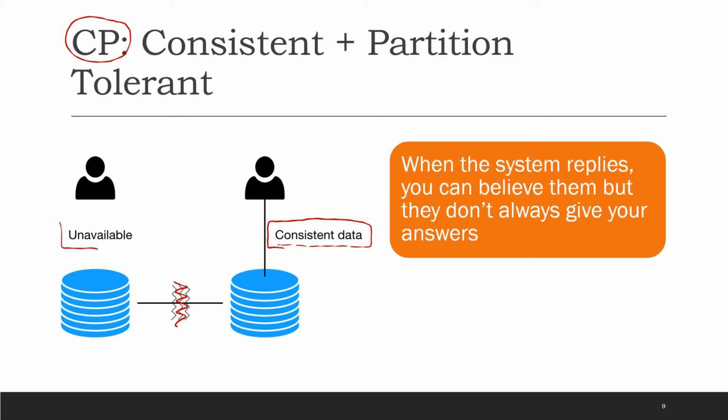But it may happen that for certain cases, the data will not be returned or the system may not be available, because the system wants to make sure that under the network failure, if you respond back to the user, some data may not be well synchronized. So instead of answering something to the user which may be inconsistent, the system may decide not to give an answer.